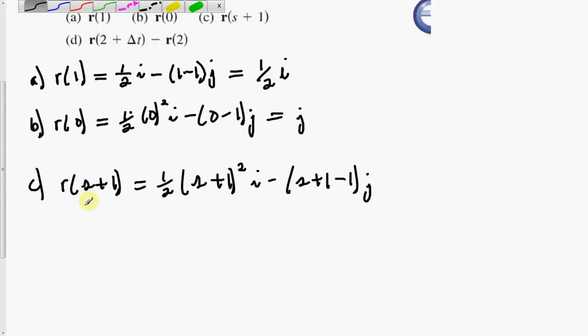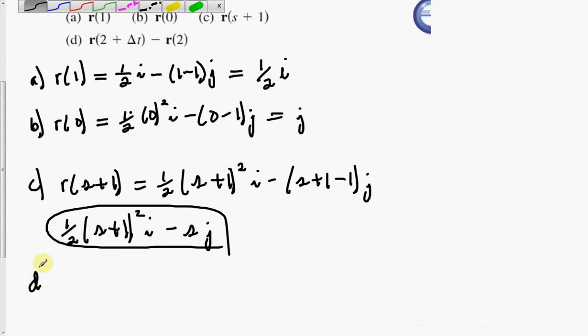Simplify that if you want to. I think that first component is fine by itself. You probably just leave it the way it is. That second one, we can do some simplification on, and so that would be just minus sj.